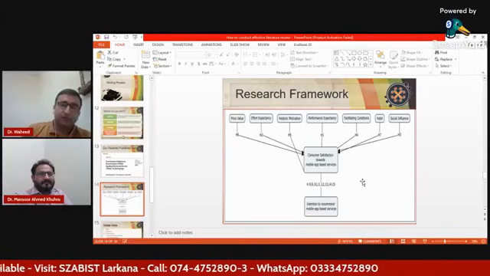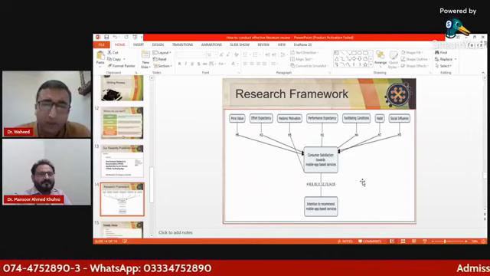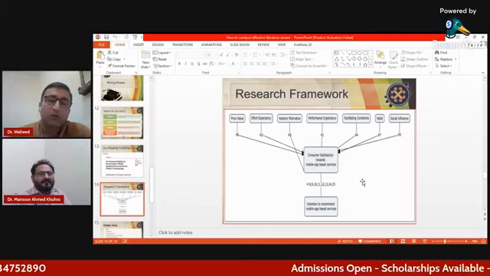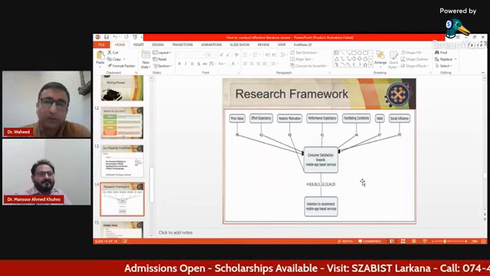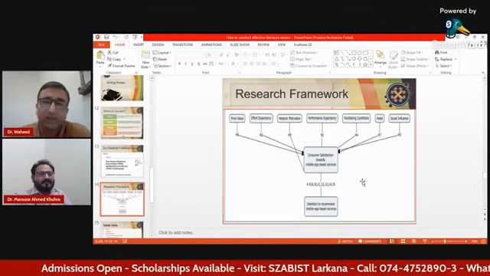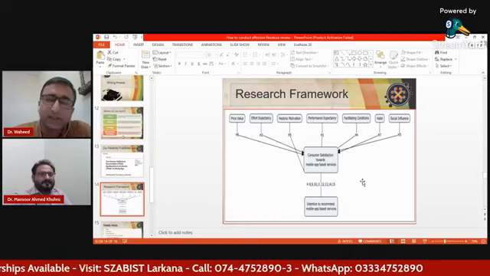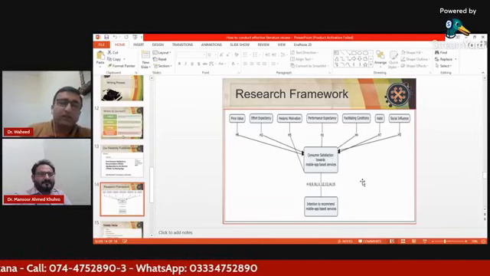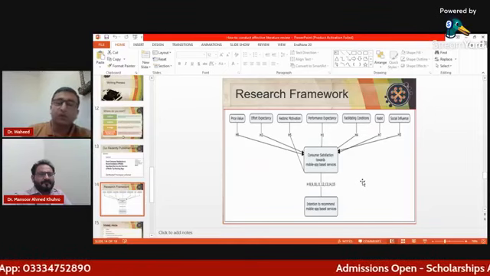And then at the end, instead of using use behavior, we used the intention to recommend. First we logically connected the theoretical support of all those seven variables with consumer satisfaction towards mobile app based services, and then on the basis of their level of satisfaction, we tried to explore their intention.